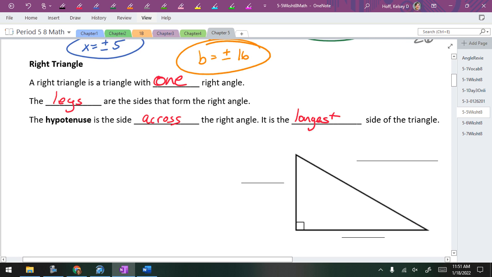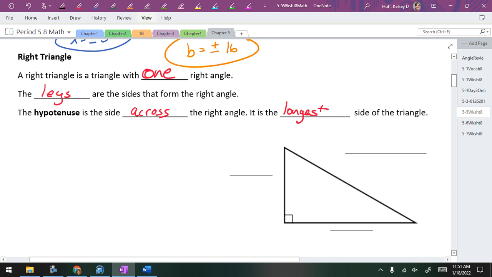Always, always, always. So here's a right triangle, and I know it's a right triangle because of the 90 degrees in the corner. The 2 sides that form the right angle are called legs.